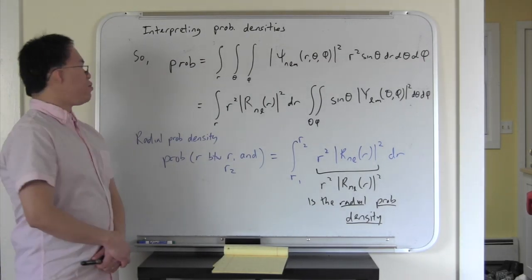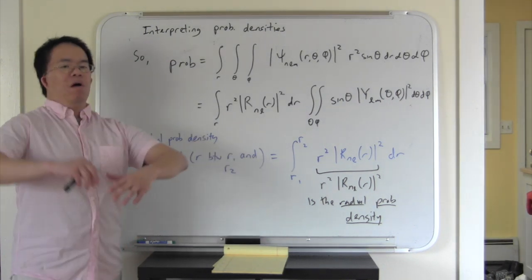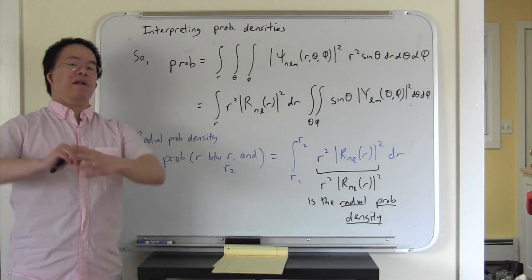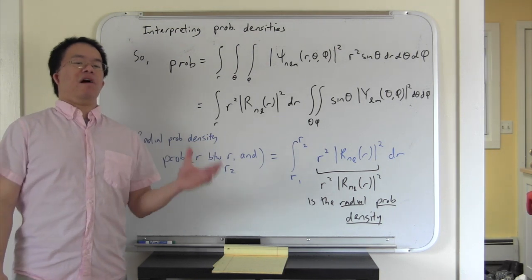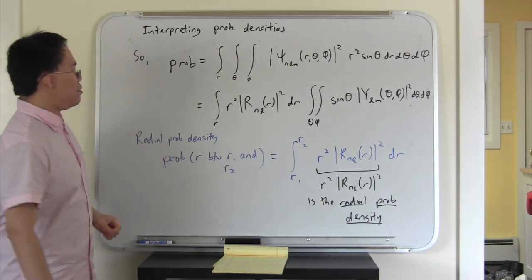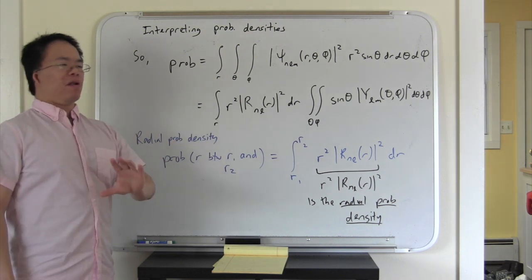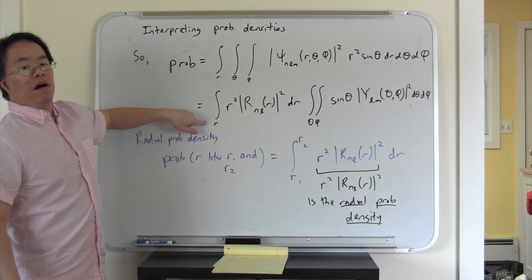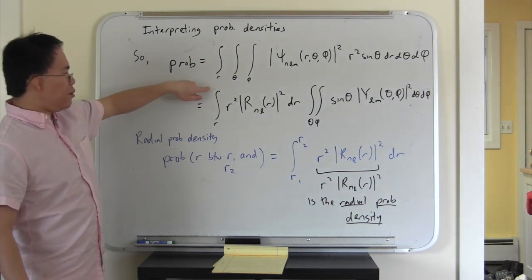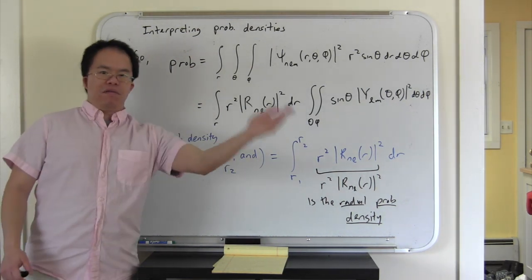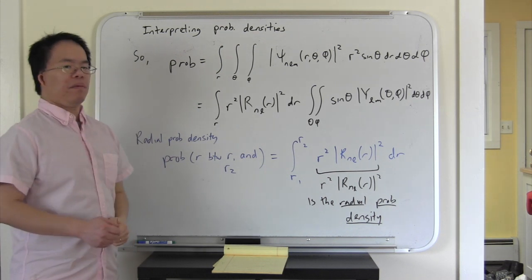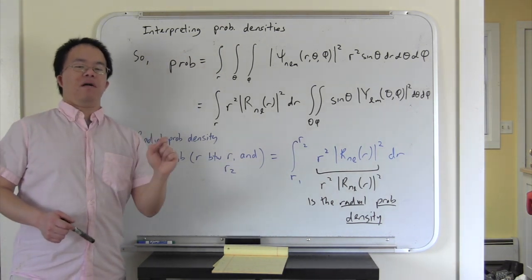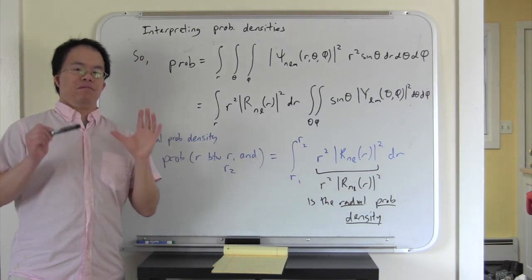One quick word about normalization. Overall, the total probability of finding my electron everywhere in space has got to be 1, as we would expect. The way we normalize is such that this kind of integral, with r going from 0 to infinity, theta from 0 to pi, and phi from 0 to 2 pi, is normalized to 1.